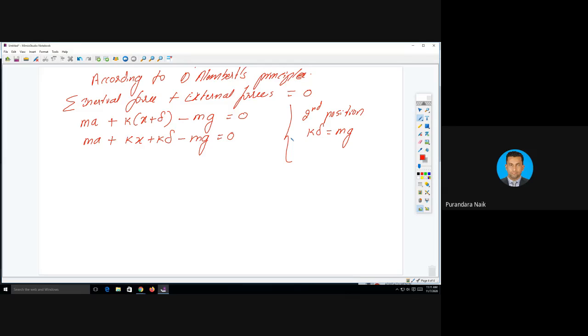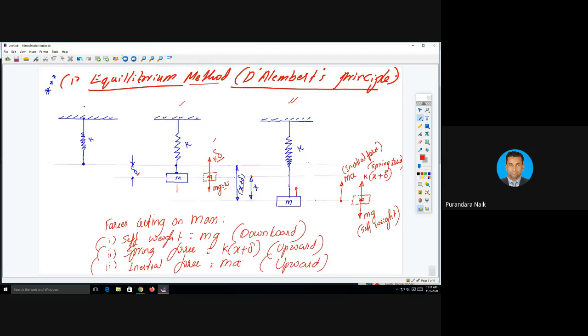So substitute this. In m into a plus k delta minus mg, k delta and mg are equal, so these two terms get cancelled, leaving ma plus kx is equal to 0. Understood? Why am I taking k delta equal to mg? Because in the second position only two forces are there. Summation of all the forces must be equal to 0, meaning k delta minus mg is equal to 0.